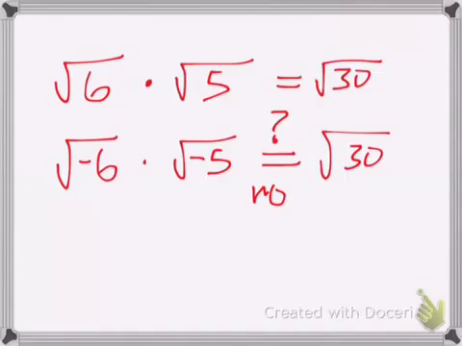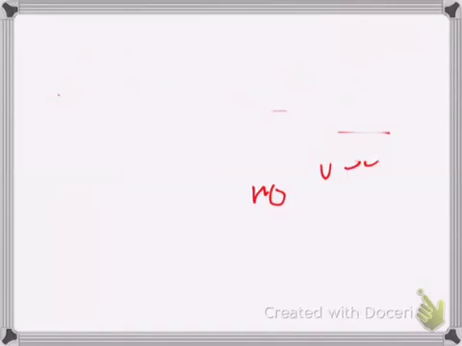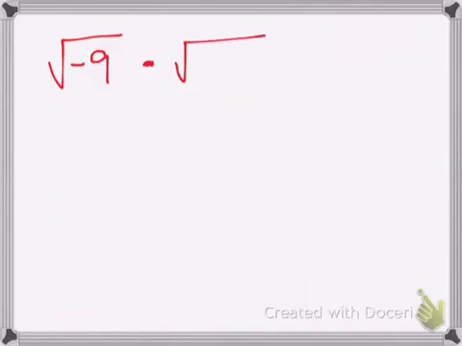So let me show you how you would have to do this, and let's go to something that's a little bit easier to work with. Square root of negative 9 times the square root of negative 16.